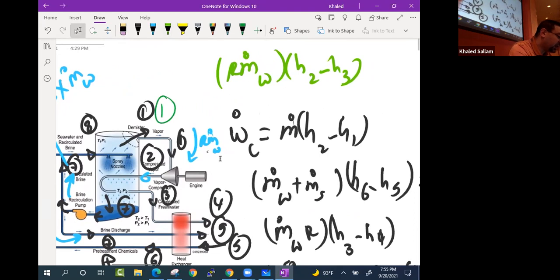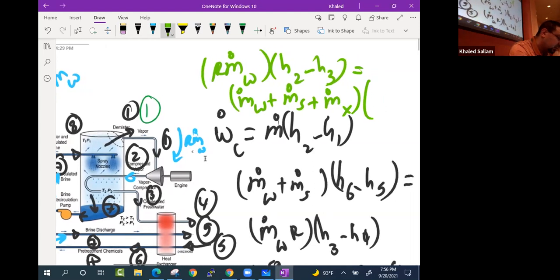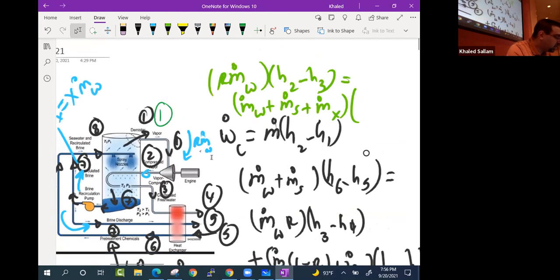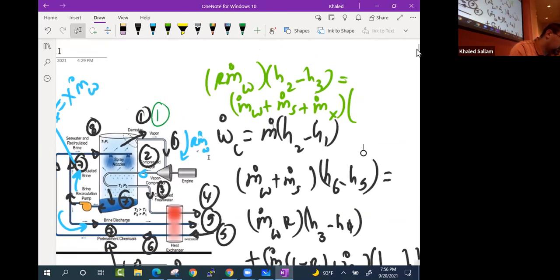And as a result of his cooling like this, he is taking my m dot water plus m dot salt plus m dot X, right? That are coming in at H8. And he is taking them to H7 and H1.